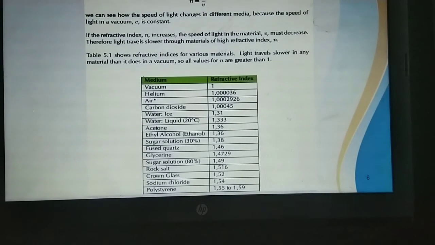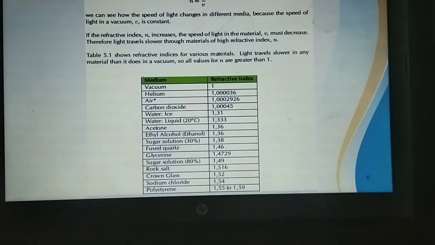So if the speed of light in a material V increases, then N will decrease.